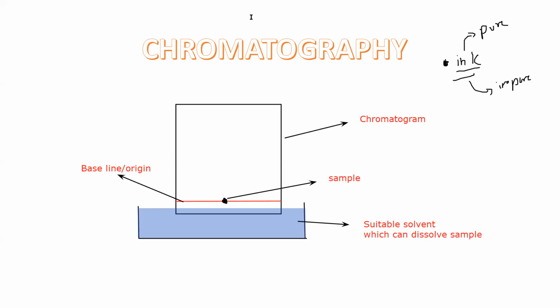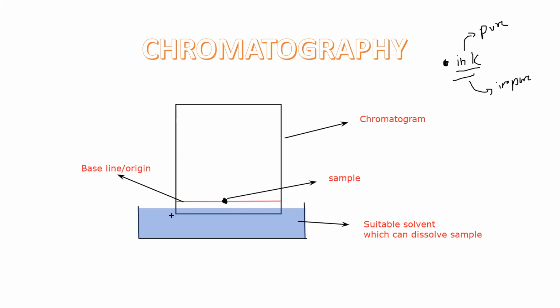Now what will happen when you place this chromatogram into a container filled with a solvent? This chromatogram is a paper, like a filter paper or tissue paper, so it will absorb the solvent. When it soaks up the solvent, the solvent will rise on the chromatogram. This is how the solvent will rise.